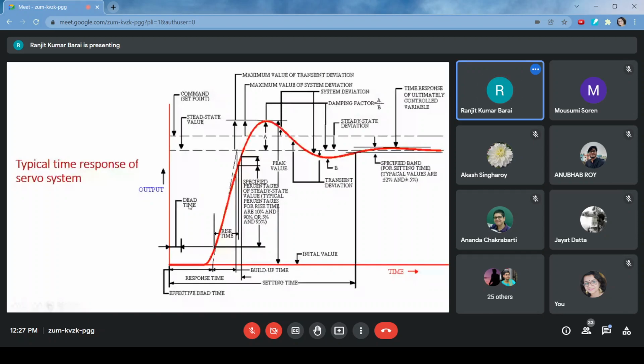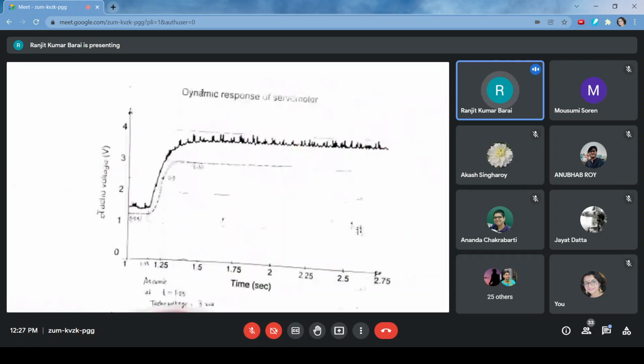If you have any device to note down its step response, we could capture this step response with the device called strip chart recorder. This is a typical reading of a step response from the strip chart recorder of the servo motor. So here this time response is very similar to the time response of a first order system.